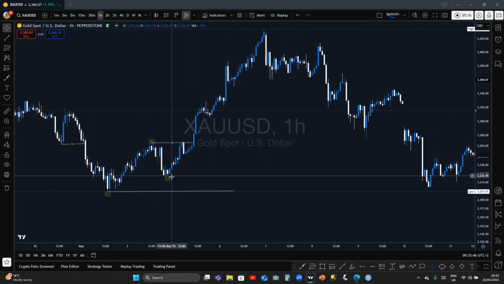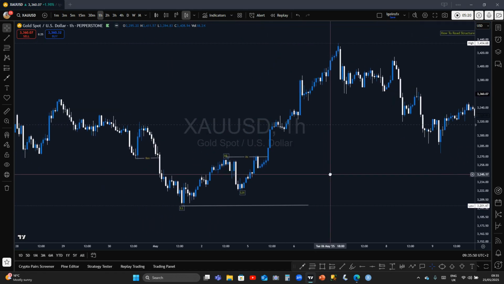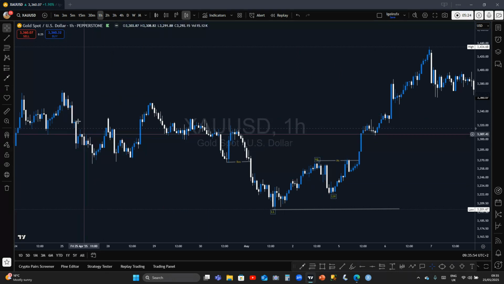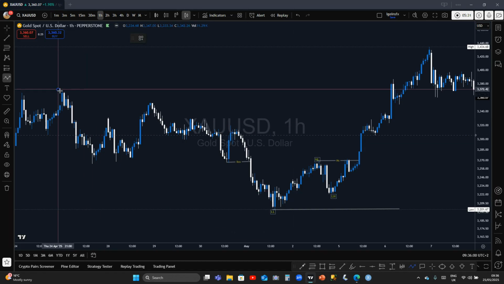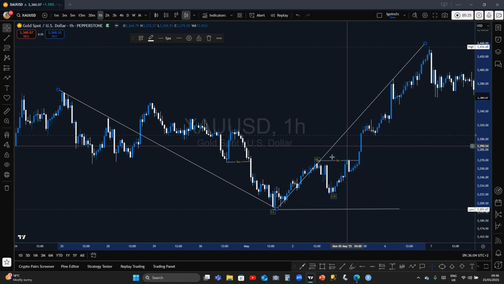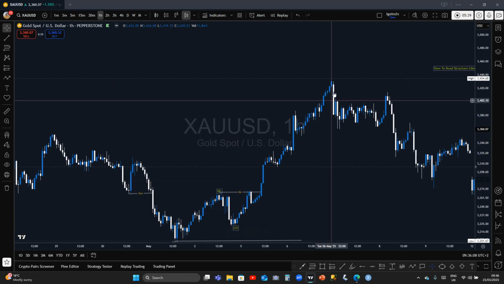Anytime you see changes like this, you should know that we are gradually changing from being bearish. We are gradually changing from a bearish momentum to bullish momentum. So a trend that is bearish is now going bullish.